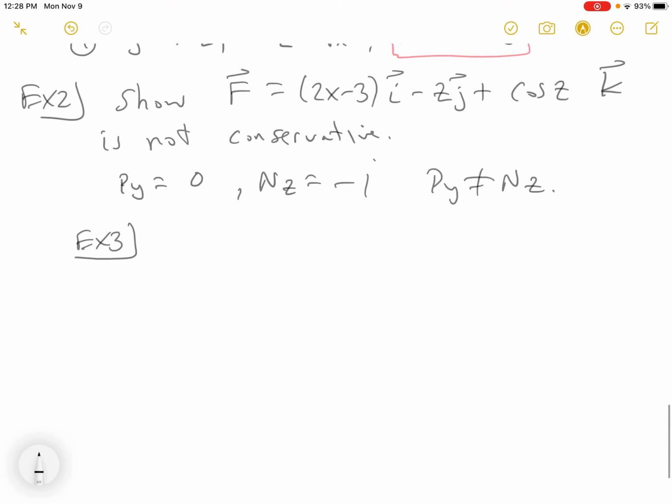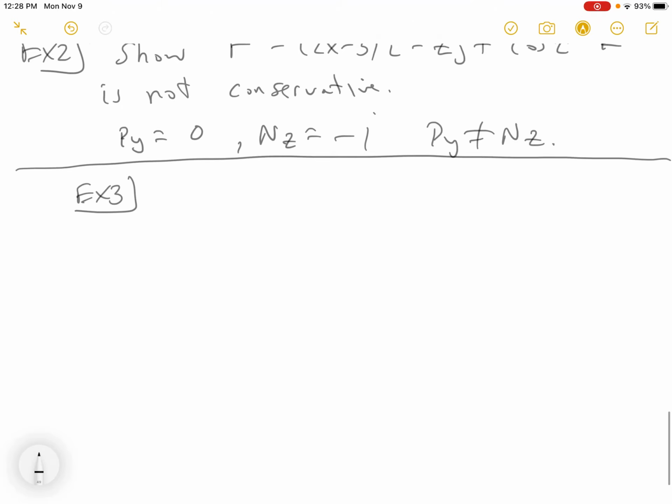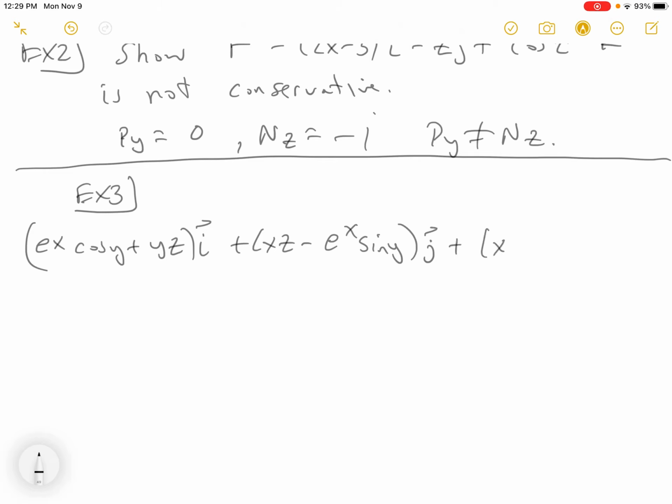Example 3. Now pay attention. Okay, here's my field. E to the x cosine y plus yz i, plus xz minus e to the x sine y j, plus xy plus z k.